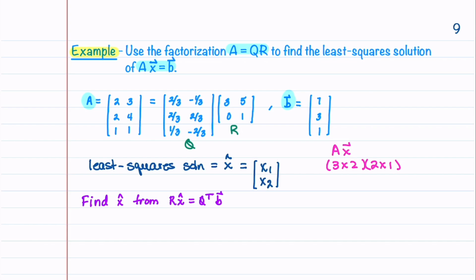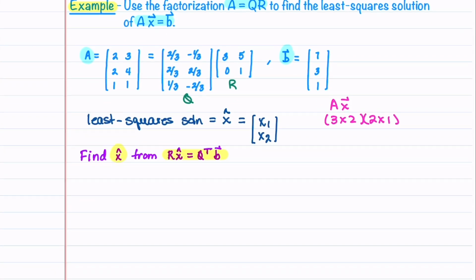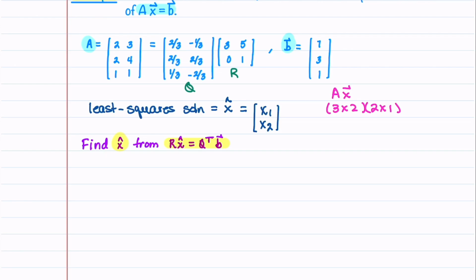We can then define x hat to have the components x1 and x2. To find our least square solution x hat, we're going to have to set up the equation R times x hat is equal to Q transpose times b. Let's go ahead and do that. Our matrix R up above is 3, 5, 0, 1. And then we just defined our x hat to be x1, x2.